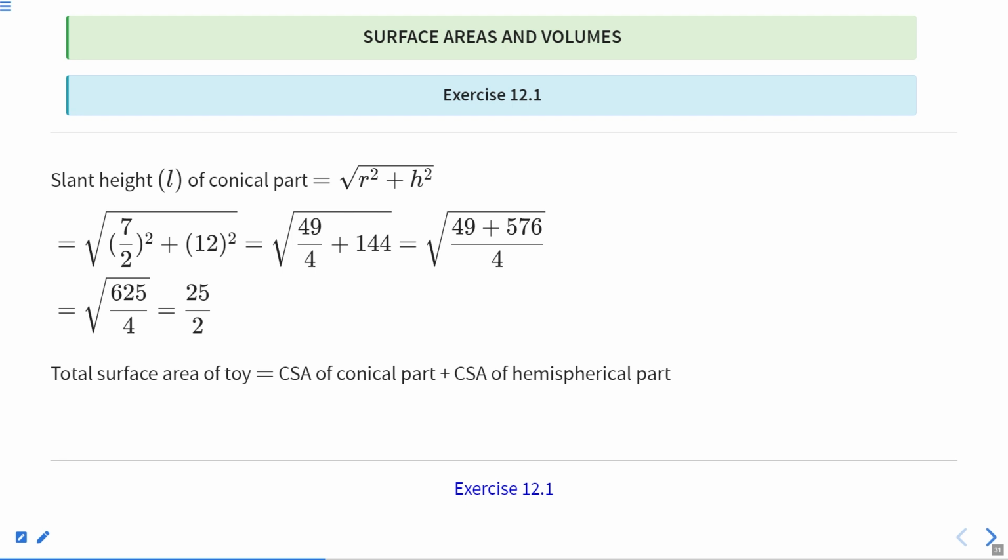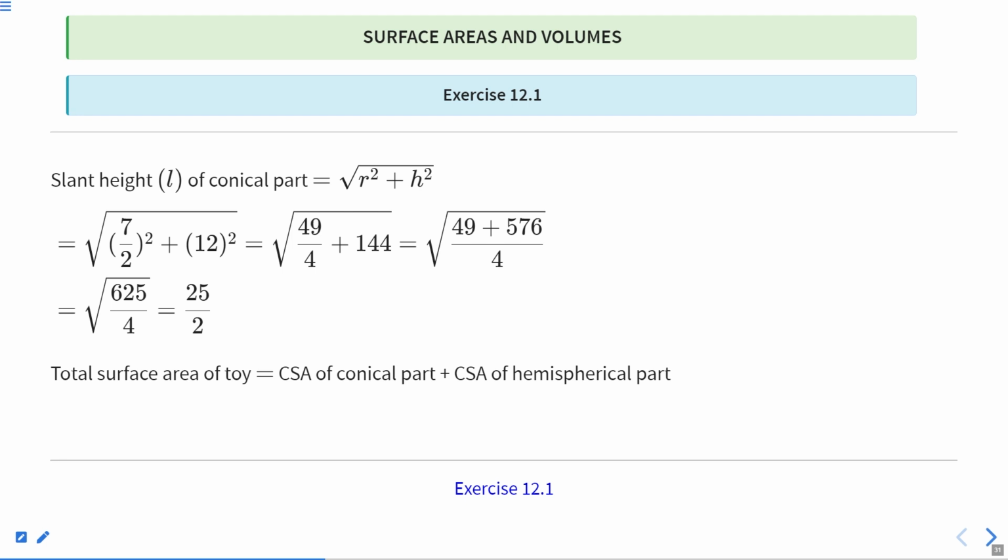Now if we put the values of r and h, then L is equal to square root of (7 by 2) square plus 12 square, which is square root of 49 by 4 plus 144, which is square root of (49 plus 576) divided by 4, which is square root of 625 by 4, and this is equal to 25 by 2. So the slant height L of the conical part is 25 by 2 centimeter.